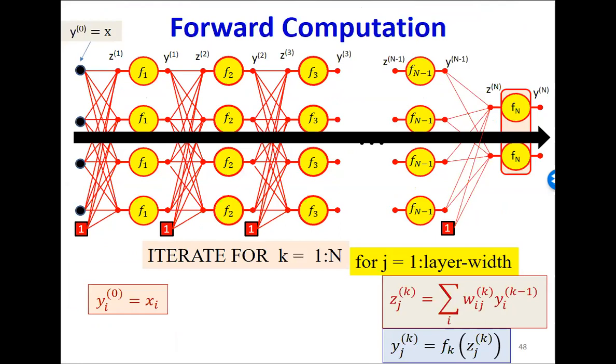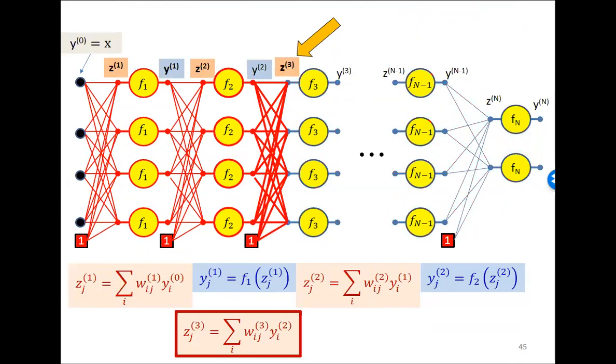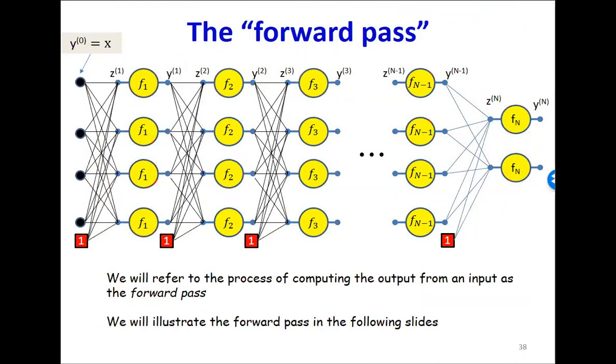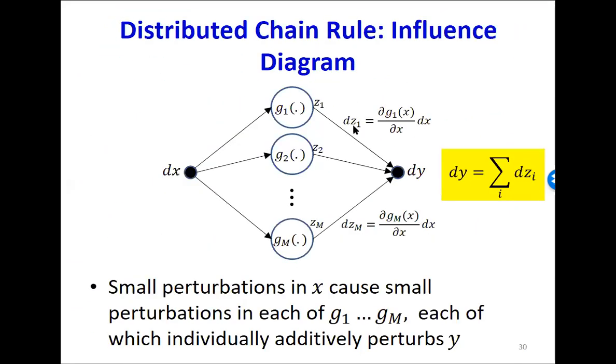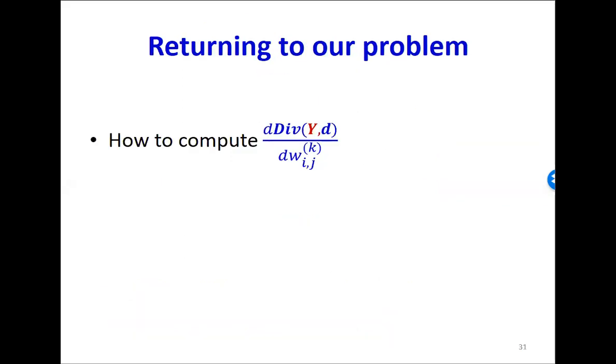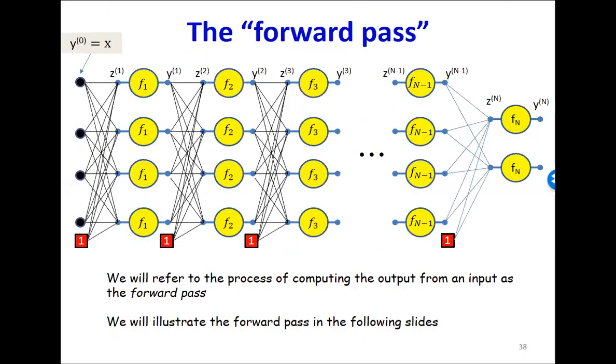Just think of any weighting as part of the function. If I go back to my influence diagram, if there's a weight associated with z, that weight is within the function g. This is only showing the influence, nothing else. I'm saying z influences y. Does that make it clear?